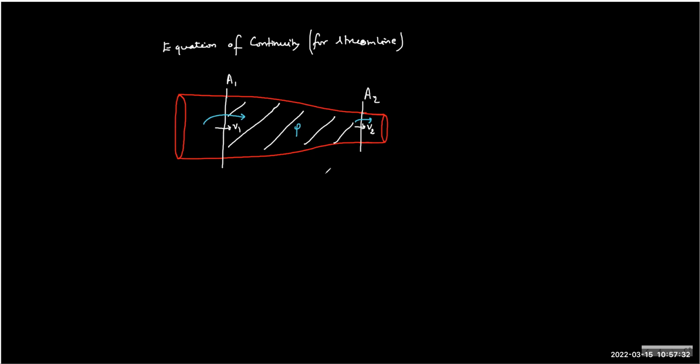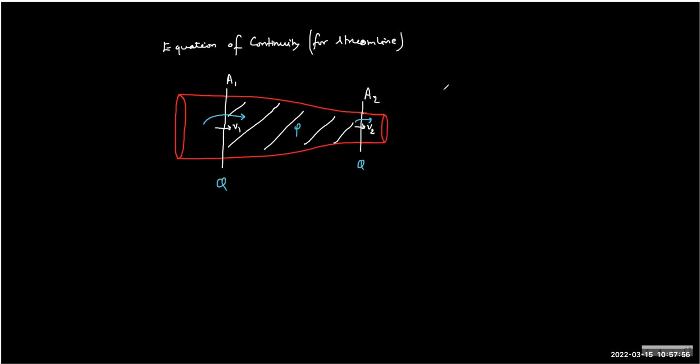So the whole idea of continuity is that the liquid, or even the fluid, we assume as incompressible. We're not going to change its volume and density, and thereby it follows the continuity equation. So the discharge through this cross section is the same as the discharge through this cross section.